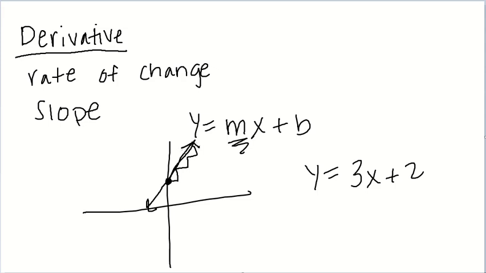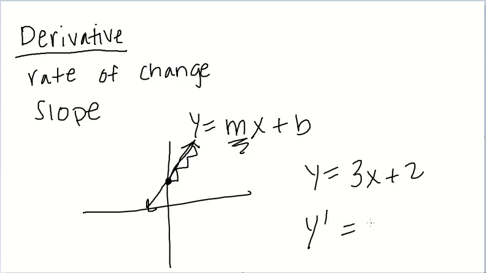So you've already dealt with slopes with lines up to this point. So the derivative really is a somewhat familiar concept. We're talking about what is the slope of this line. So if we wanted to know what the derivative of this line was, this y equals 3x plus 2, we would say that the derivative of it is 3.